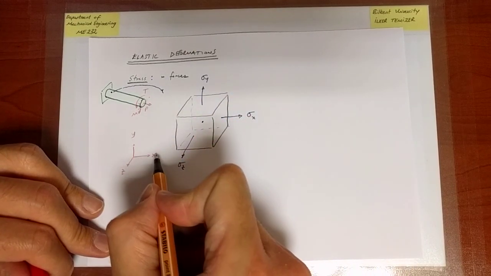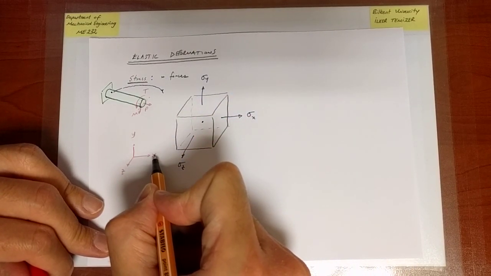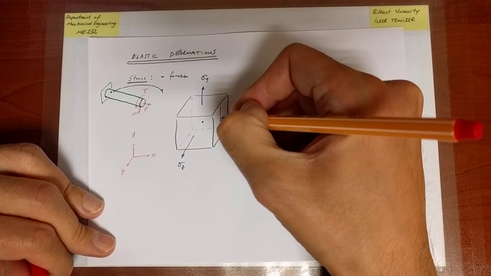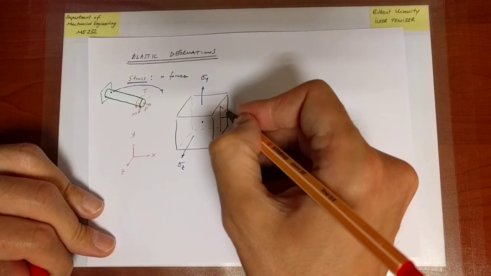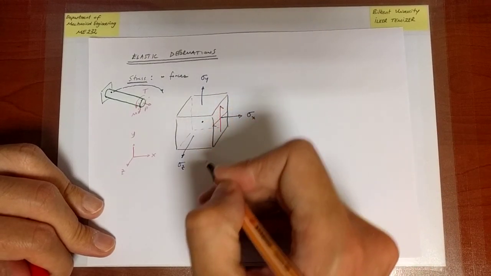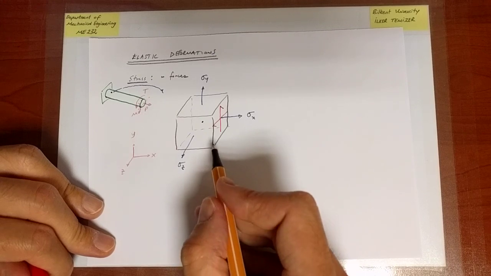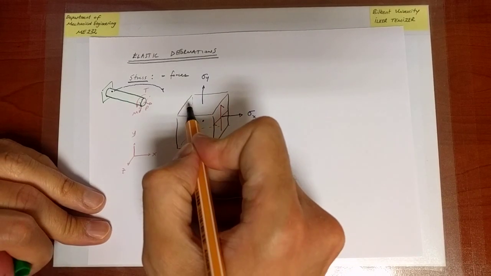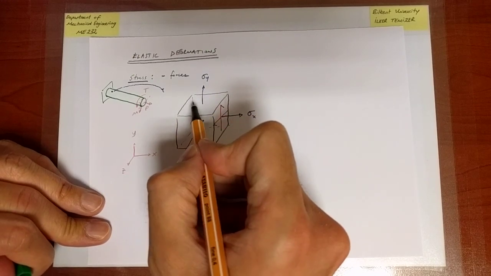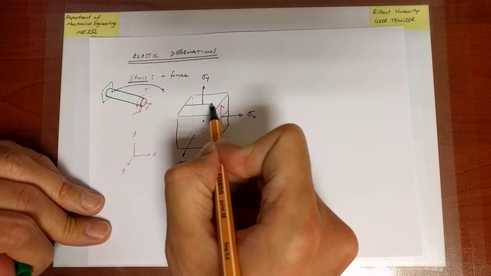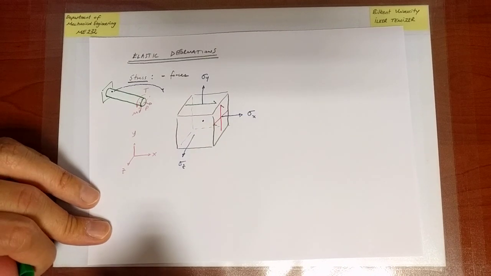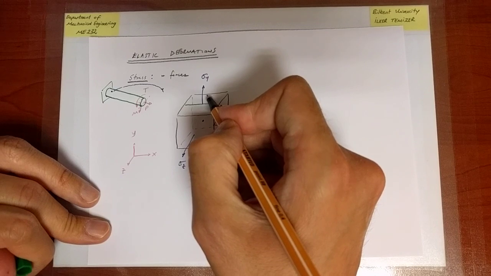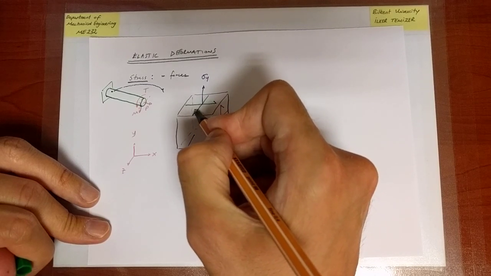Okay, the positive x direction. So on the plane with normal x, the default directions for shear will be along the remaining two coordinate directions. So there will be a shear stress that looks like this. And there will be another one which looks like that. On each face, a similar argument eventually holds. On the plane with normal y, there will be a stress component which looks like this, and another one which looks like that.